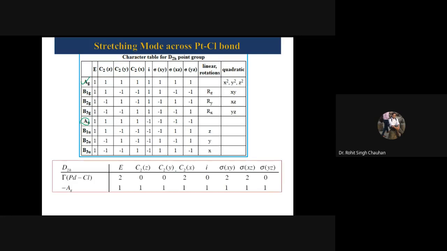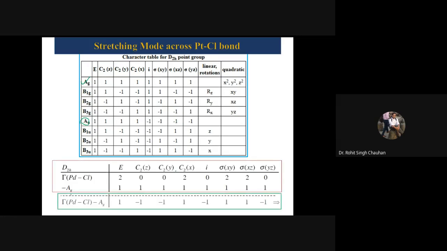Now see, I have shown here, if I subtract, what I am going to get: 2, 1, 1, 0 minus 1 minus 1, 0 minus 1 minus 1, 2 subtract with 1, 1, 0 minus 1, 2 minus 1, 1, 1, 2 minus 1, 1, and 0 minus 1, 1.